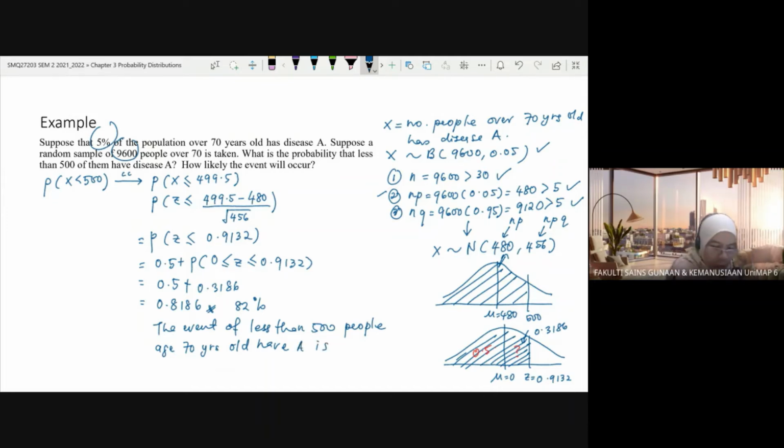Since it is approaching 1, it is highly likely to occur. So the chance is higher for the event to occur. So that's how we solve the first equation for the normal approximation of binomial.